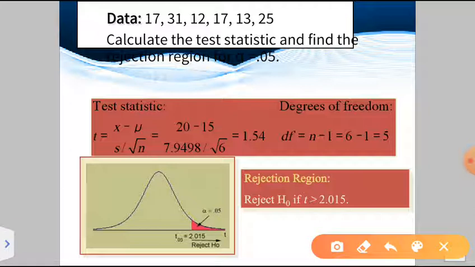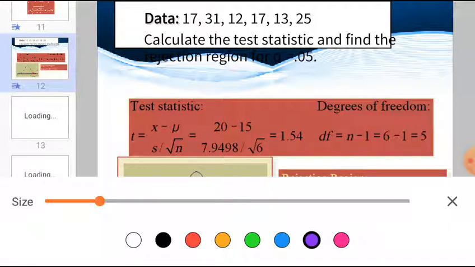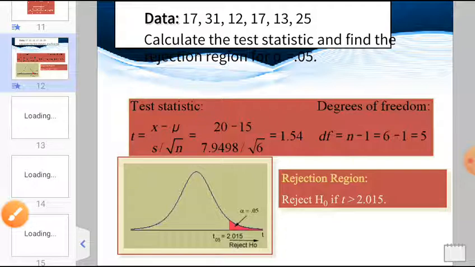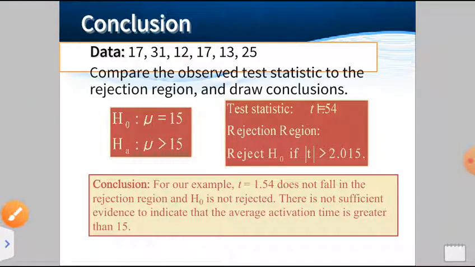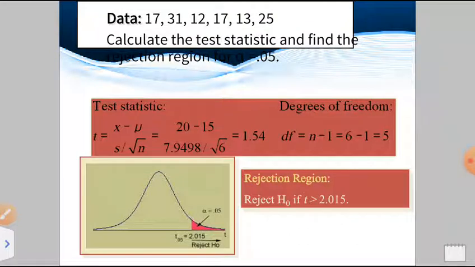Here, by substituting the values of x bar, mu and s by under root n, x bar minus mu divided by s by under root n, the value is coming as 1.54. And the degree of freedom here is n minus 1. We are talking about 6 data values, so the degree of freedom is 5.